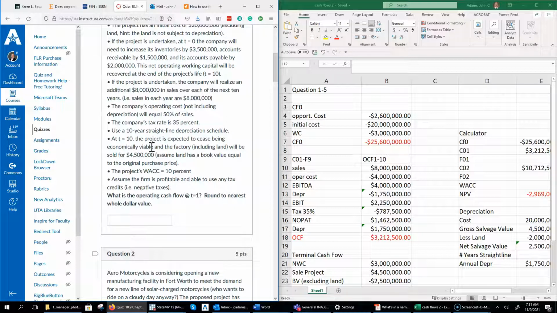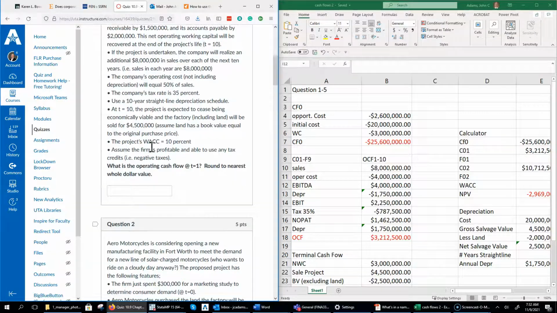As far as sales and cost, if the company does the project, they're going to get $8 million in additional sales over the next 10 years, with an operating cost that's equal to 50% of sales. And that operating cost does not include depreciation. The tax rate is 35%. We get a break here: we're going to use 10-year straight line depreciation instead of MACRS, so we can calculate this one time. And at t equals 10, year 10, the project is expected to shut down.